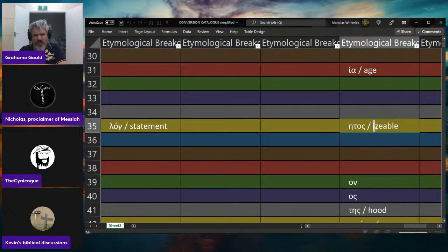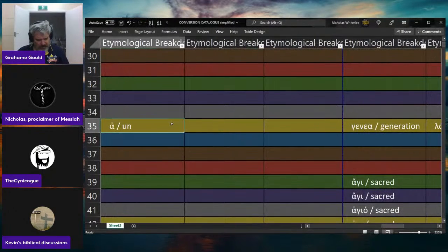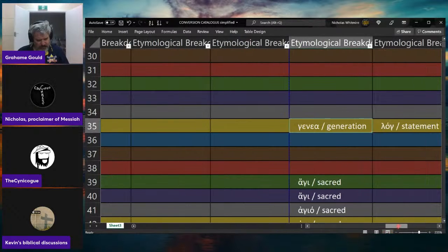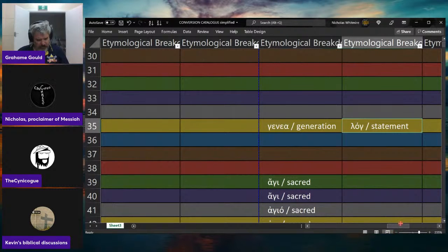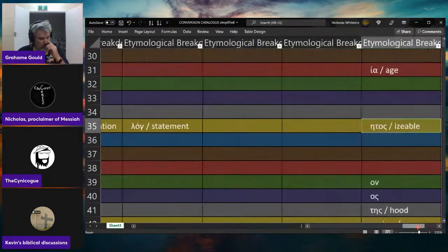And then able, like unmovable. Move is a verb. So if you were to take a noun and turn it into a verb like we're going to do here, this word is ungeneration statement isable. Okay, so let me break that down.